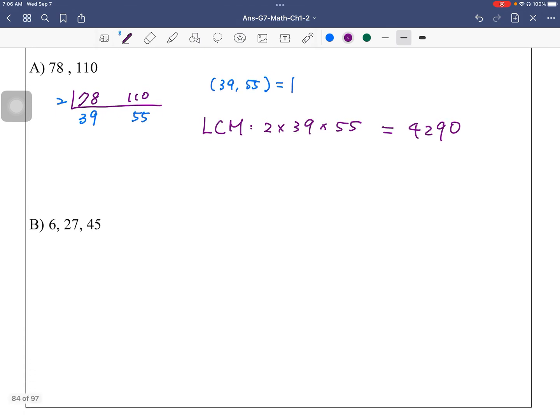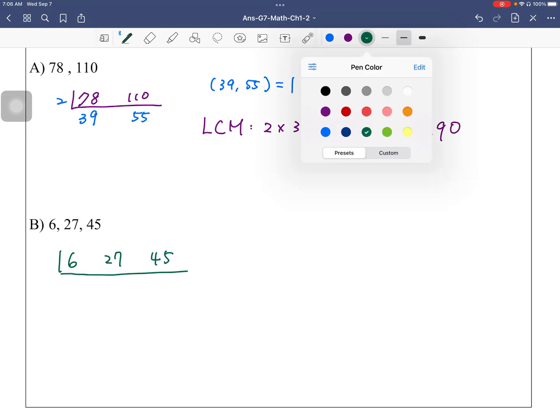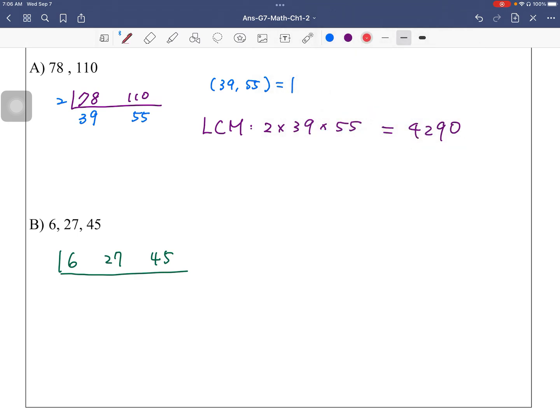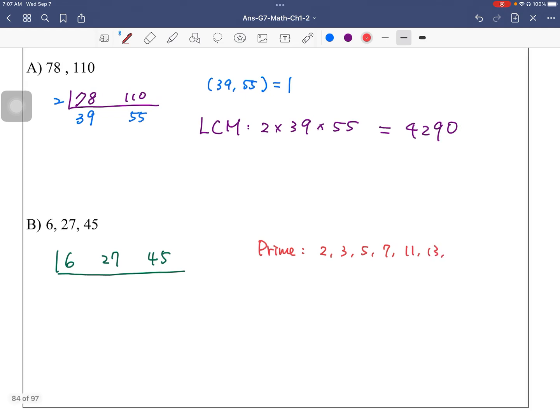Now I have part B: 6, 27, and 45. First I want to start with the smallest prime number. The primes are 2, 3, 5, 7, 11, 13, 17, 19, 23, 29, 31.